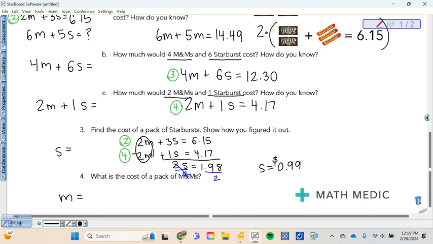And then how am I going to figure out how much M costs? What's wrong, Will? You divided by 2. I had two different equations here, right? I subtracted my two equations to eliminate the M. So I ended up with 2S equals 198.